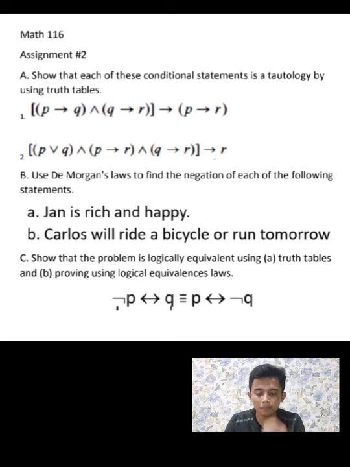The second part is using De Morgan's laws to find the negation of each of the following statements. And the last part is C. Show that the pairs are logically equivalent using A. truth tables and B. providing logical equivalence laws.